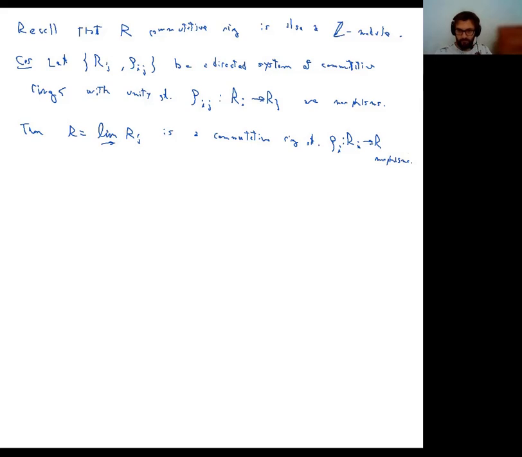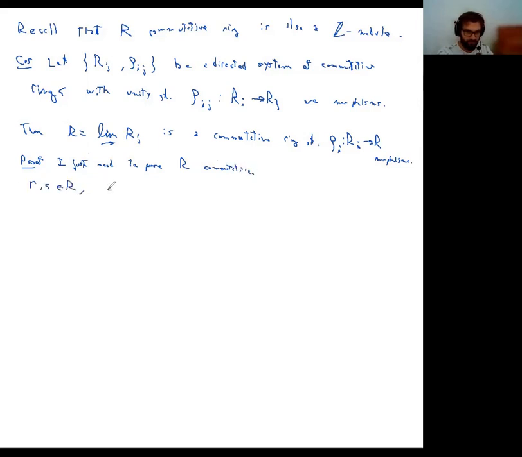Okay. So I call this a corollary because this is actually adding a little thing, that this limit is also commutative. This is not part of the proposition. They were just saying that the direct limit of modules is a module. But here we're adding that this is commutative. But this is very easy. So I just need to prove it is commutative. This is very easy by what we said before.